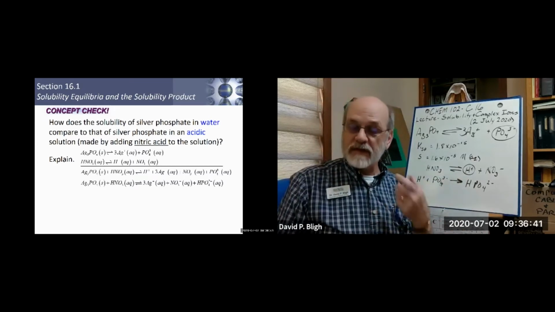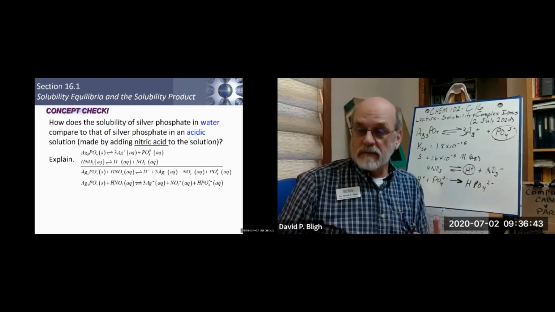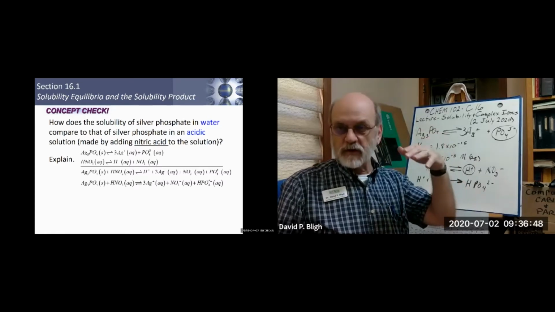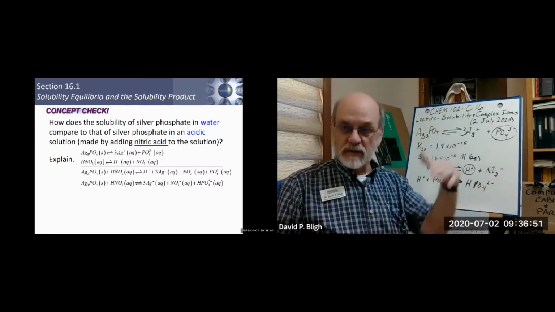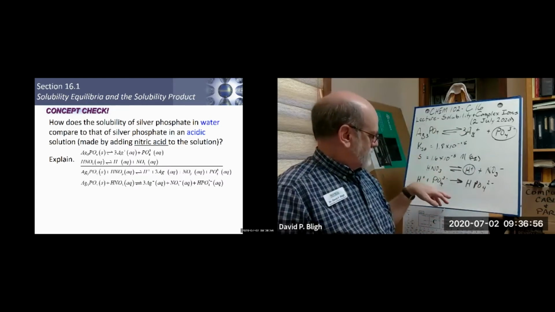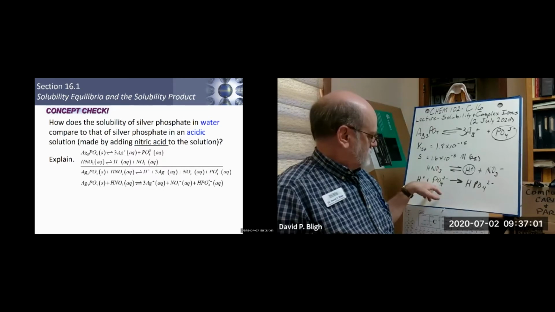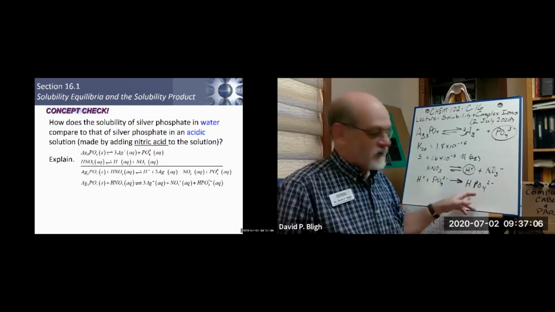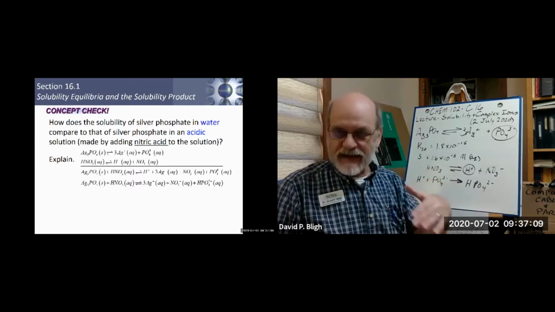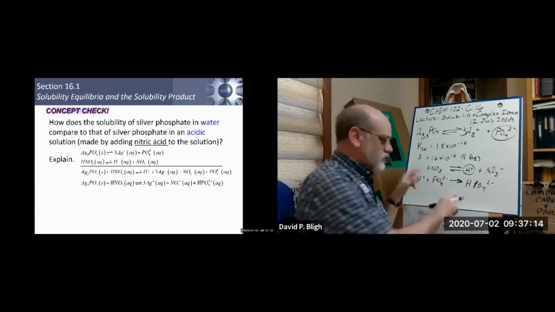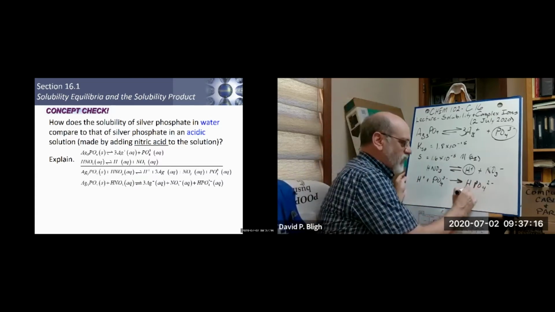Because when we looked at the equilibrium expressions for phosphoric acid as it deprotonates, it goes from H3PO4 to H2PO4 minus, and then HPO4 2 minus. We find that is less and less dissociation as we go down. So this reaction is going to be driven to that product.